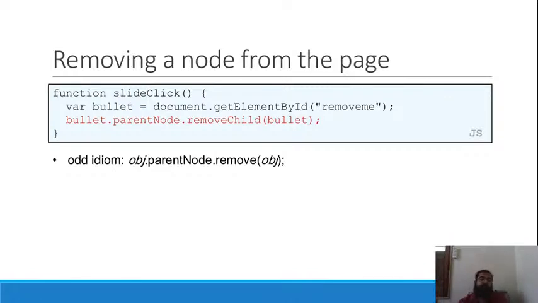So you access the parent of bullet by bullet.parentNode.removeChild(bullet). The parent node could have multiple children, and you want to specify that you remove the child identified by this object bullet, and this object refers to the element that has the id removeme. And we know that the id is just in one place in a single HTML file.